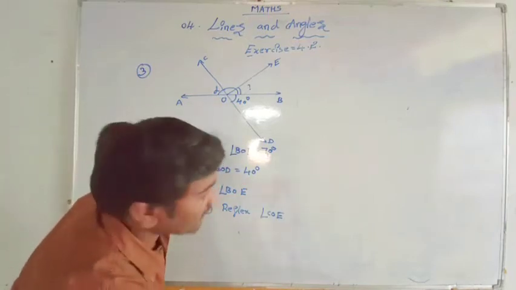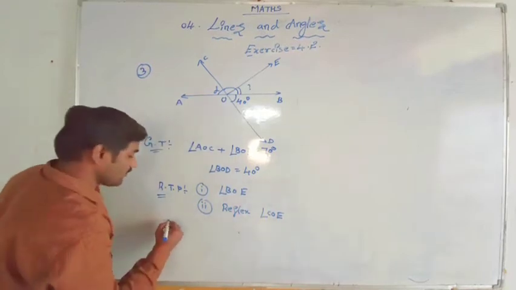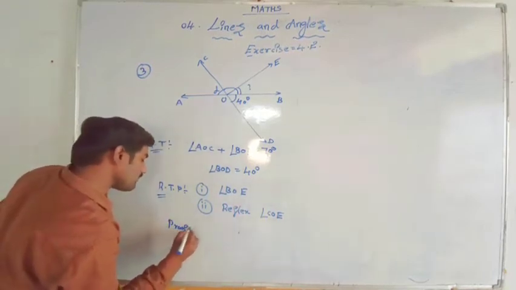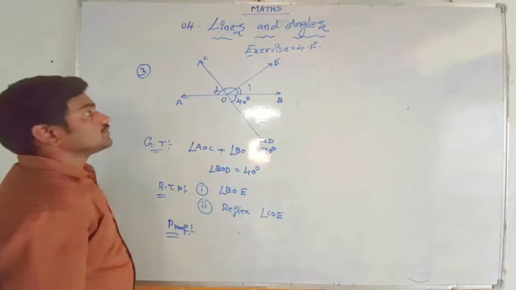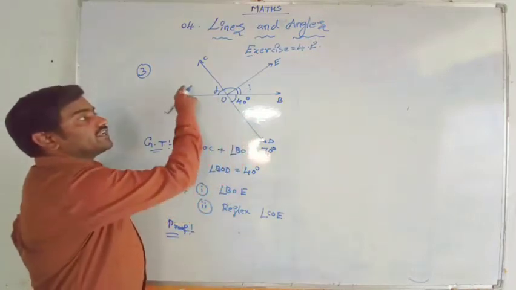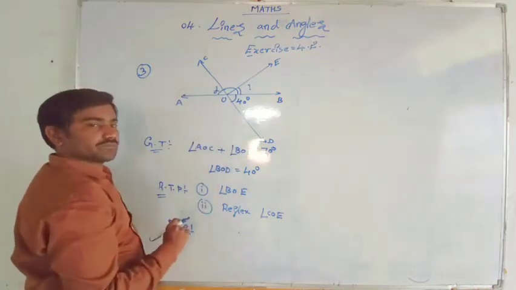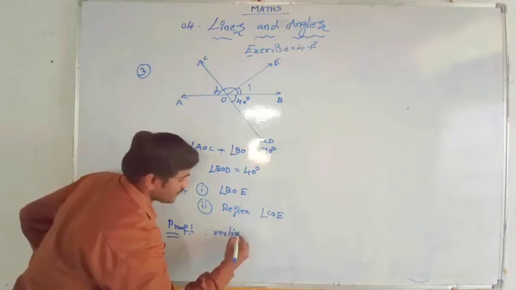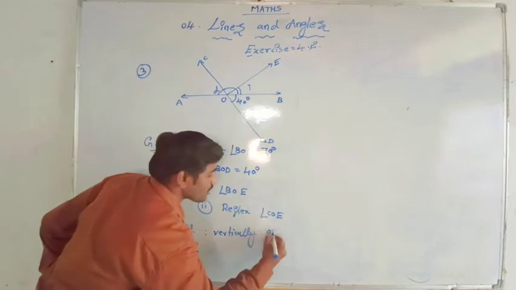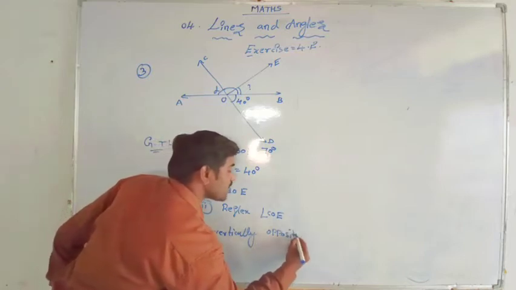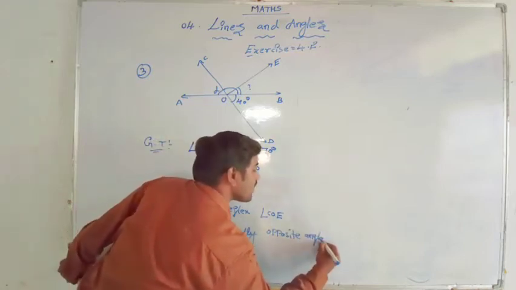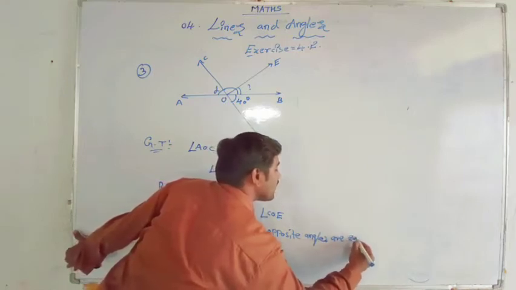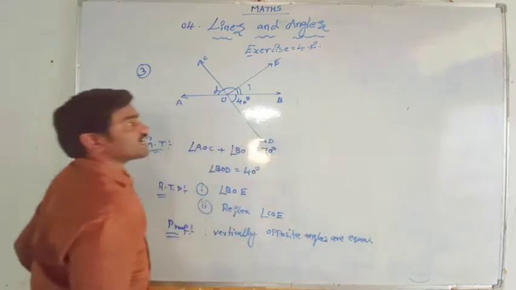For that we need to understand clearly. Proof: by using vertically opposite angles. Vertically opposite angles are equal.